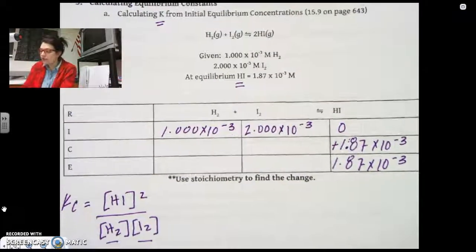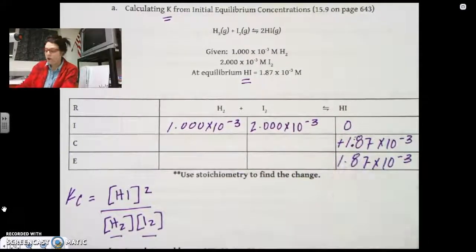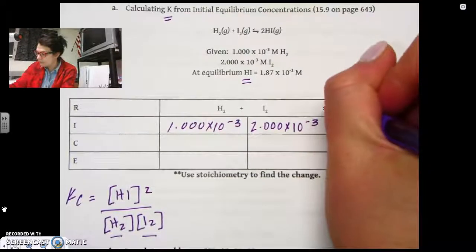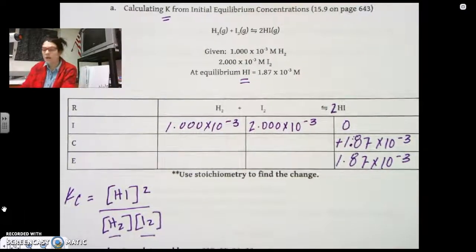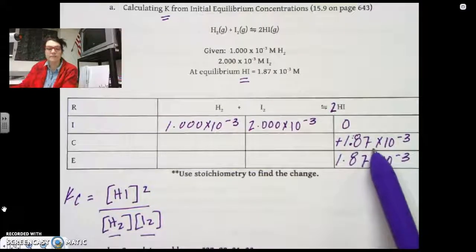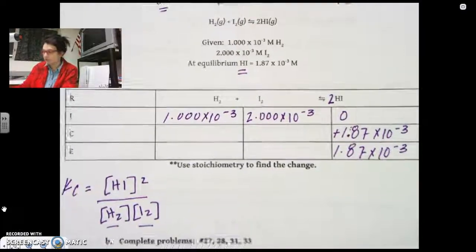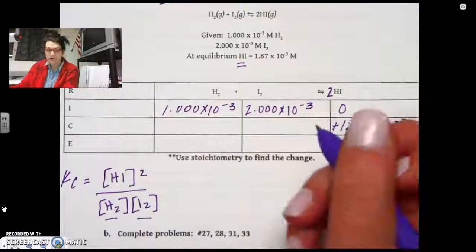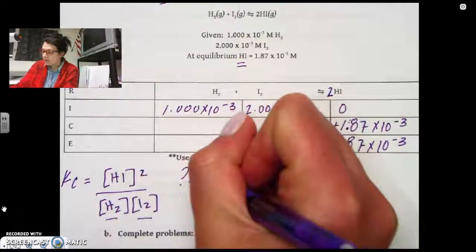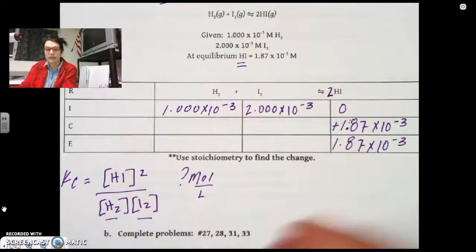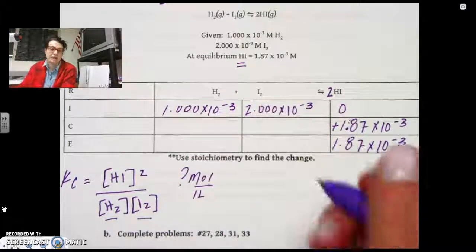What we can do now then is use stoichiometry and use our equation to help us, and I'm sorry I didn't put my 2 here, which is really important because we're going to use stoichiometry to go from what we're given to see how much of H2 and I2 we needed in order to solve for this. So ultimately, what we're going to say is question mark moles per liter, or molarity, but since this is just 1, it doesn't really matter.